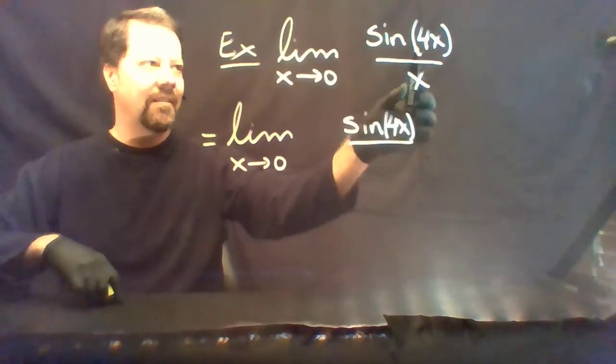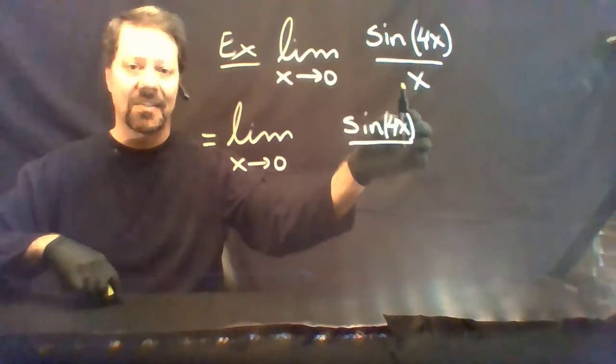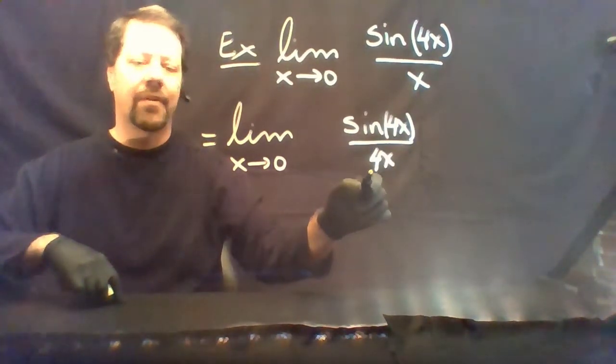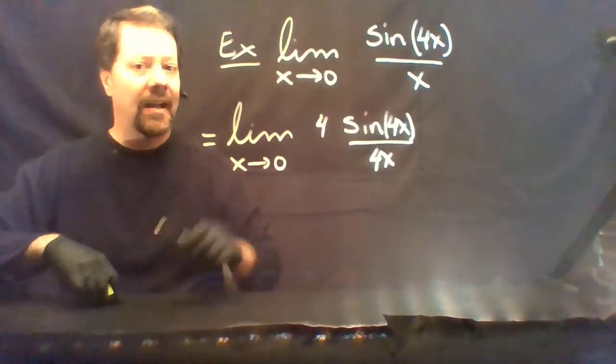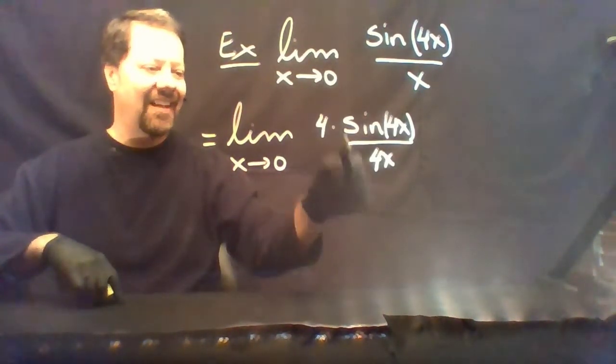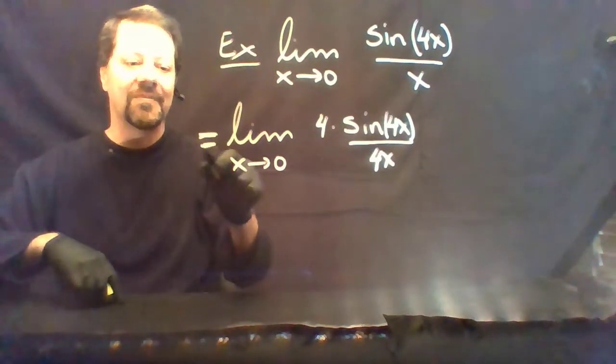I want the argument of the sine function to go to 0 at the same rate as the denominator. So I'm going to write 4x. I get what I want. I just have to pay for it. I have to cancel that 4 in order to maintain equality.